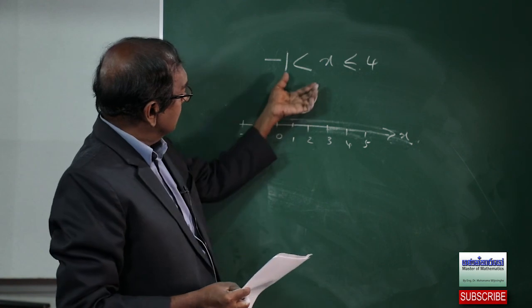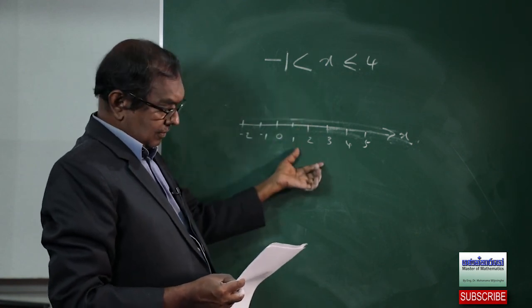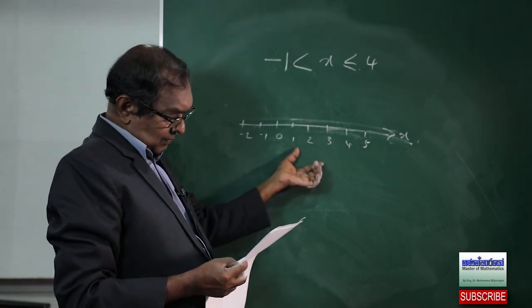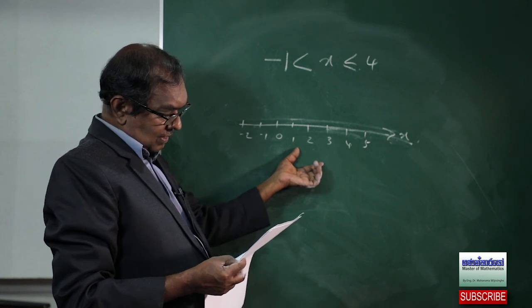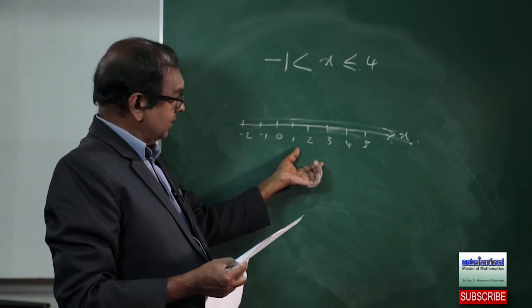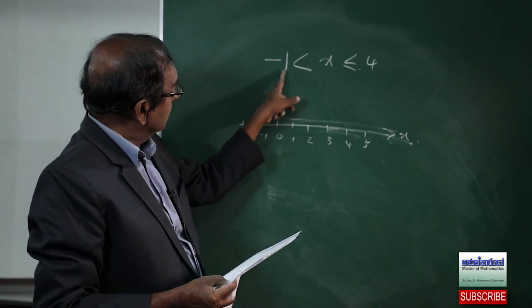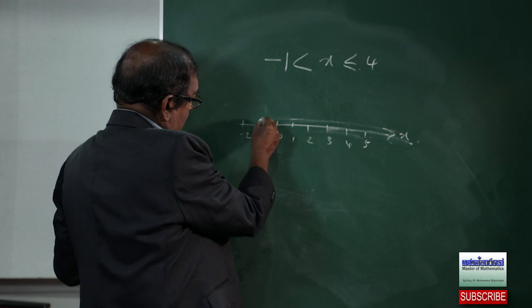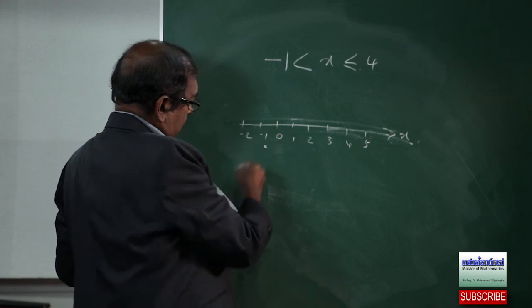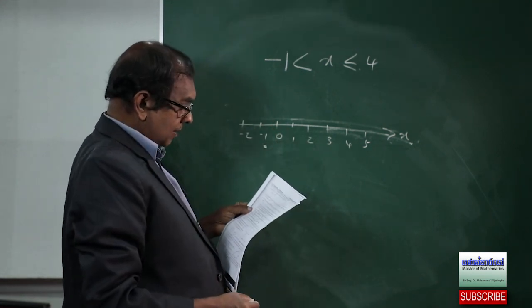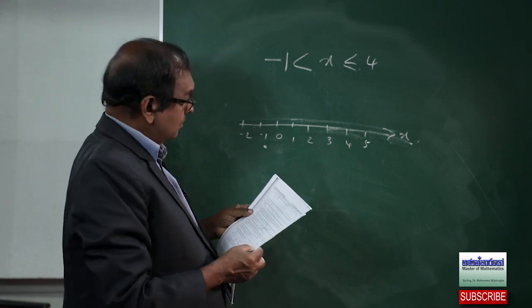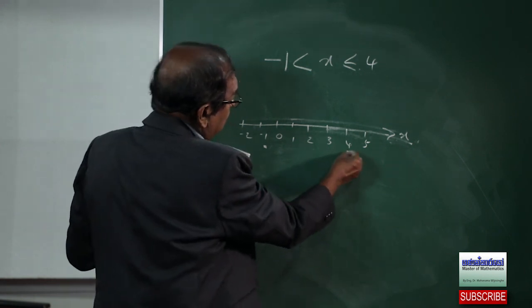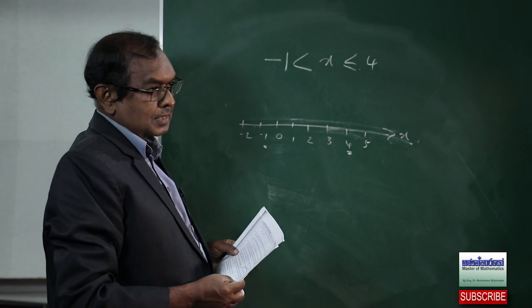We have to represent that inequality with this line. We have mentioned, represent on the number line the inequality. Then the x value should be greater than minus 1 and less than or equal to plus 4.